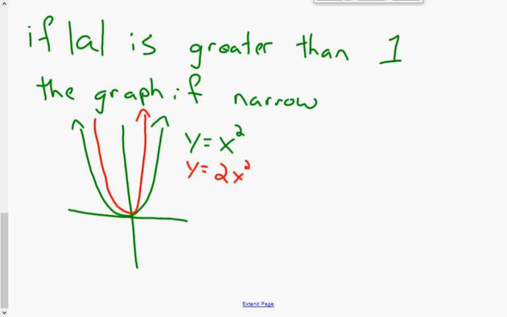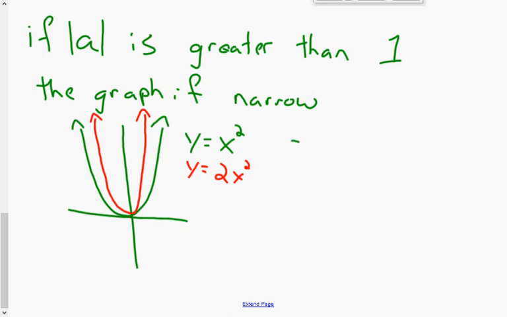Graph of this. Does that make sense? I've kind of just squeezed it together. That's called a squeeze, or a stretch, sorry.